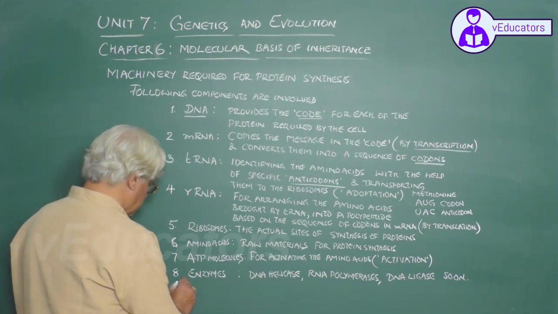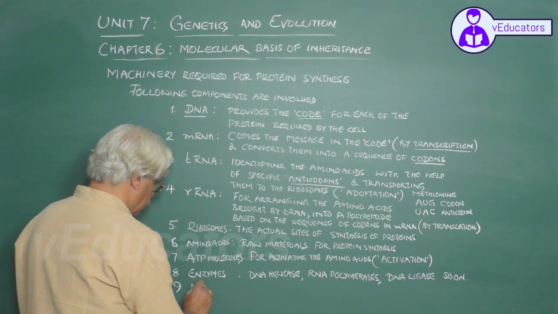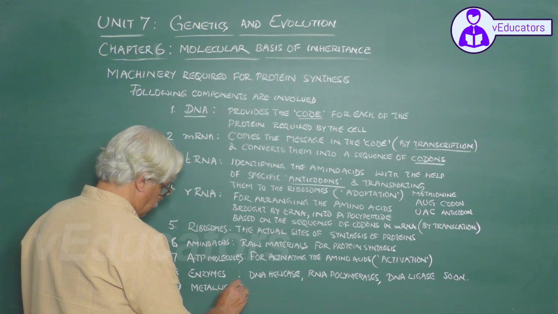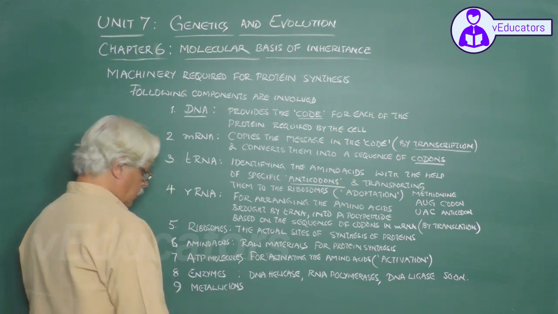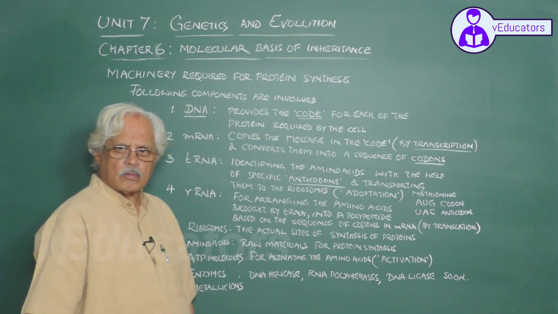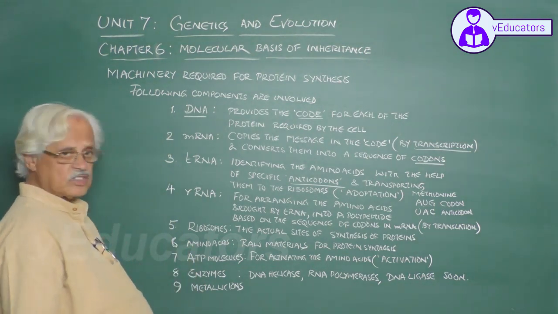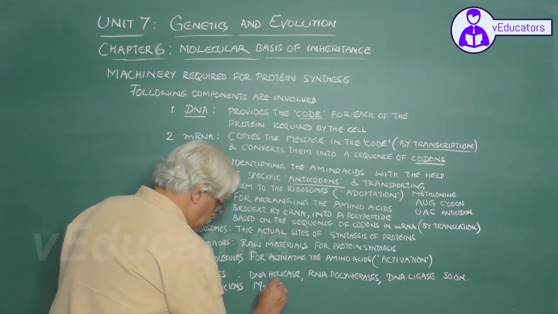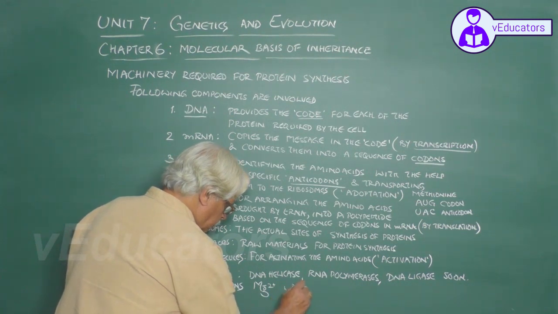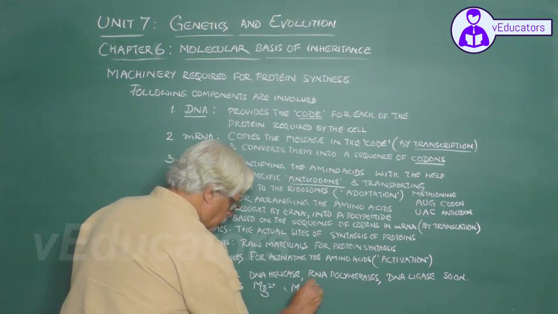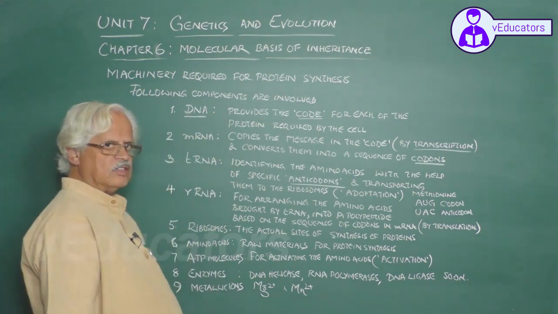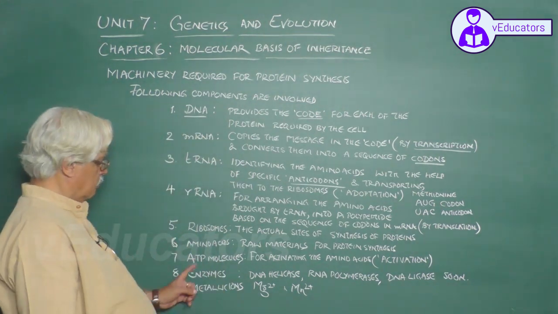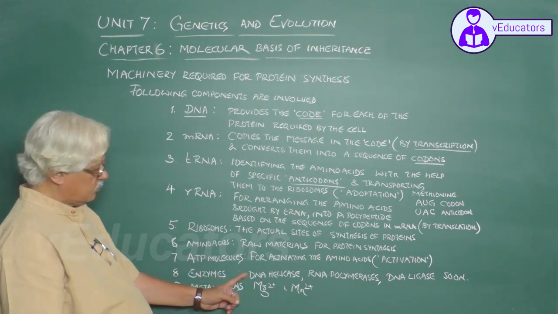Then certain divalent metallic ions, like for example magnesium ions, manganese ions, are necessary for the enzymes to function.